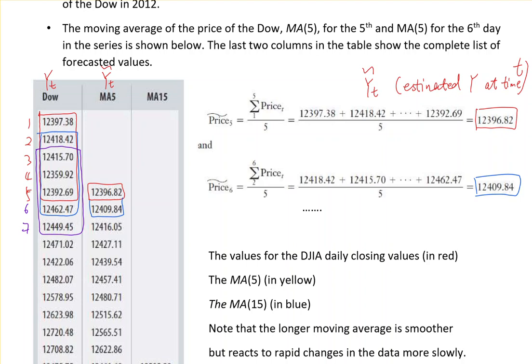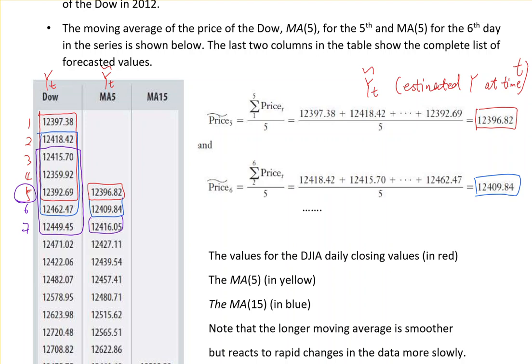So we are moving 5-value averages. We have the first 5, get the average, move to the next one, get the average, and move to the next 5 to get the average. These averages are called the estimated value at time t.